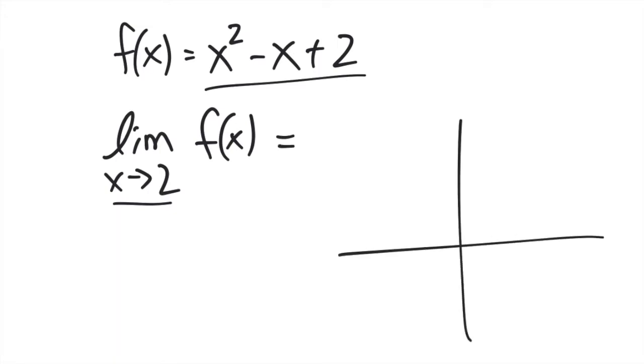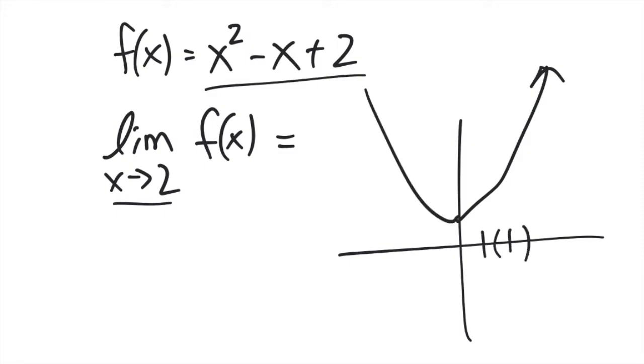Well, if you were to graph this, this is a quadratic that opens up. It looks something like this, some kind of quadratic. And the question is, as x is getting really close to 2, so let's say you're moving really, really close to x equals 2, and you're looking at a small window.